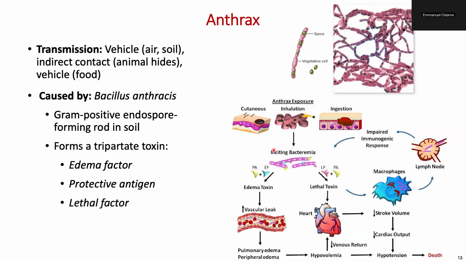So you have anthrax, which can be cutaneous, or you get it from inhalation, or let's say ingestion. You ate meat or an animal which has this anthrax present. So now you get it. We have the inciting bacteremia phase here. Then they release the toxins, which lead to the edema toxin factor here, as we discussed, which causes vascular leakage, an increase in your blood flow, causing vascular leakage, which leads to the pulmonary edema phase.